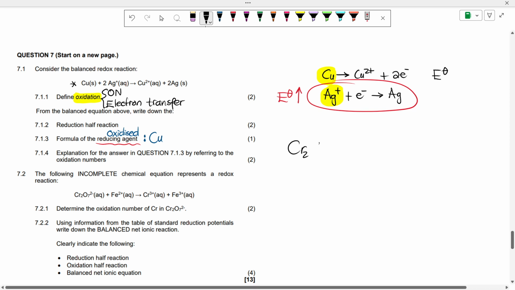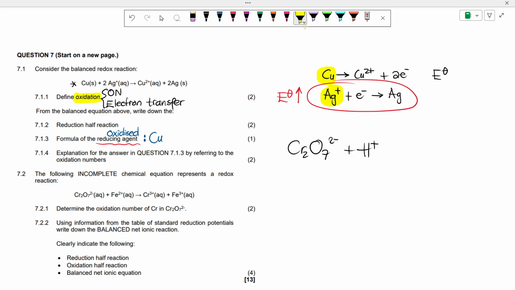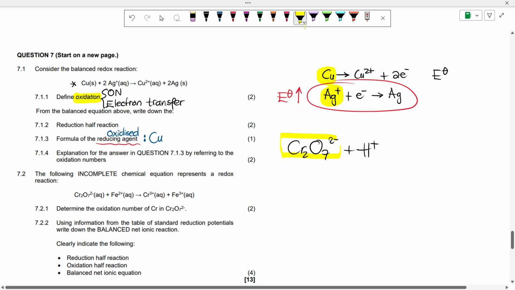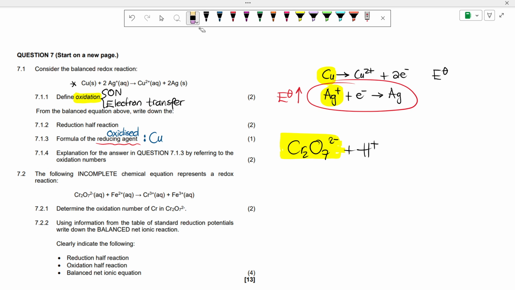It's gonna have a bunch of things here like H pluses and stuff like that. But when they ask you which one is the oxidizing agent or reducing agent, you're just gonna go ahead and pick the first one that you see on the reactant side. That's it. Then you make sure that you get that 1 mark or 2 marks. Okay.